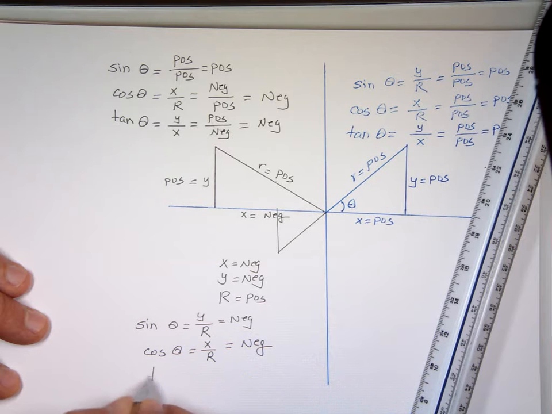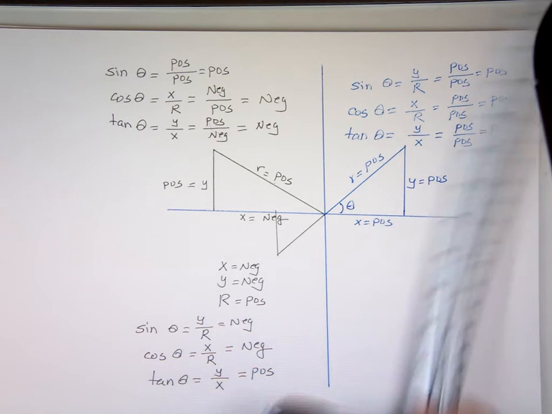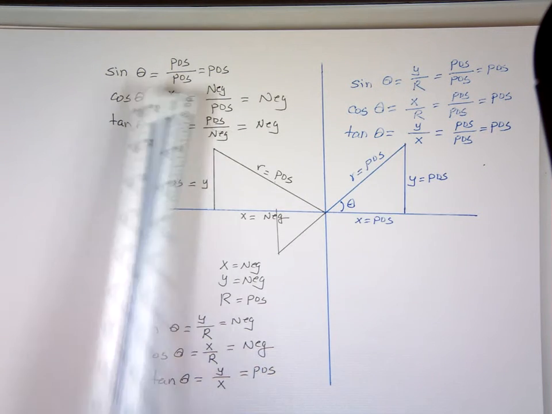The tangent is y over x, opposite over the adjacent. They're both negative. What's a negative by negative? Positive. And we can do the other quadrant, but you get the idea. But that's the reason why all of them are positive. Only the sine, only the tangent, only the cosine here.